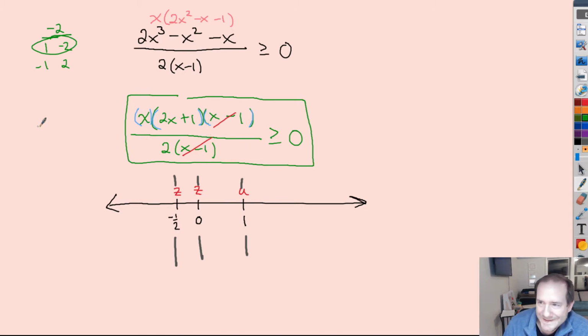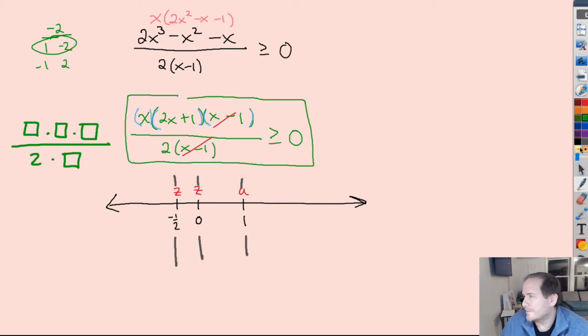Alright, again, I'm seeing what? Thing times thing times thing all over 2 times thing. So let's talk this through super fast. As I'm testing for sign, a factor of 2 doesn't change anything because a 2 is always positive, and positives don't really affect anything. But by the same token, the x minus 1s, since they cancel out, they don't really do anything either. Because if one of them's positive, they're both positive.